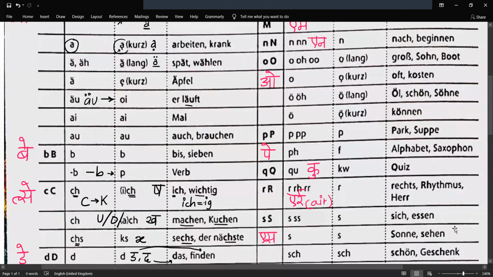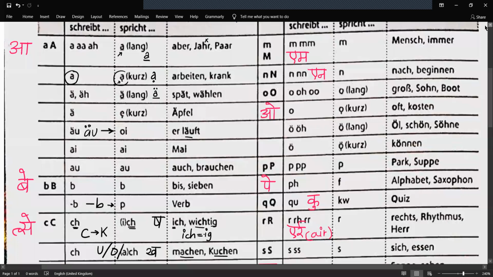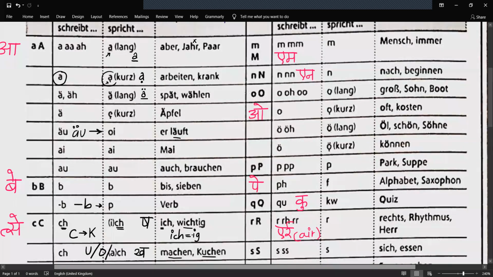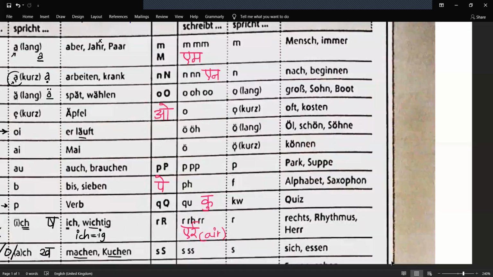Then we have M. Mensch, immer. N, nach, beginnen. O, a bit of sound that's coming from the stomach. So this is groß, Sohn, Boot.